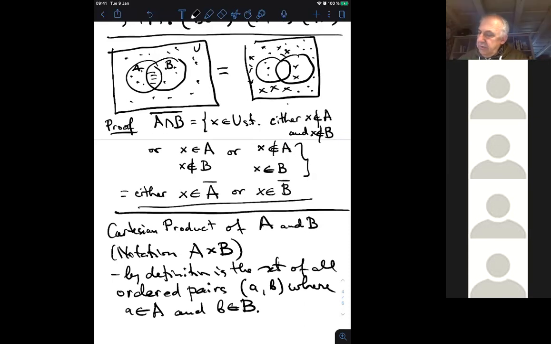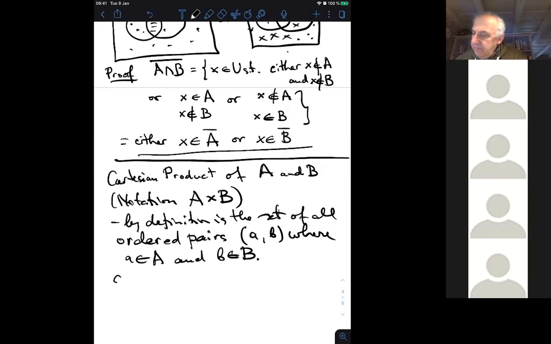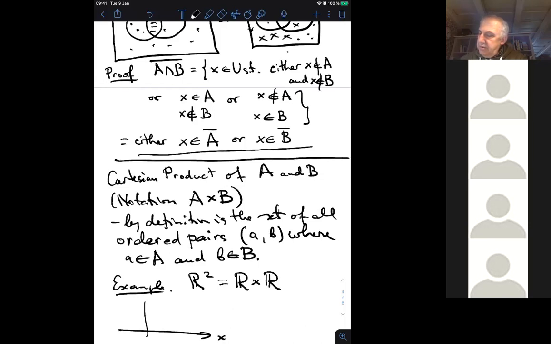Yeah, so what would be a good example? For example, R2, the plane, is the Cartesian product R cross R. The plane we use all the time.